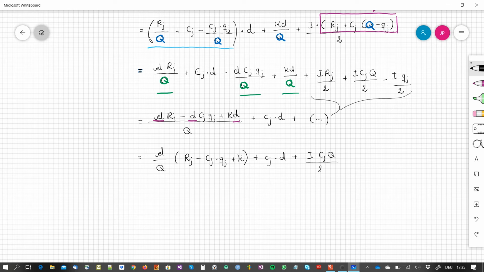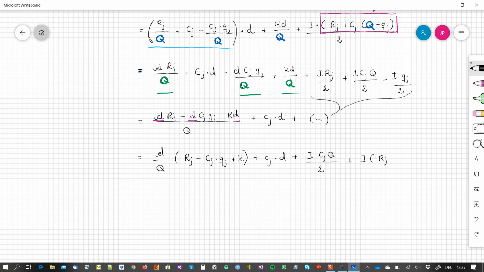So we have the I c_j Q, where we have a Q inside the term. So when we differentiate, then this term will remain. And the others, as you will see, will disappear. So here I make it a little bit more elegant and put it again together in a bracket.